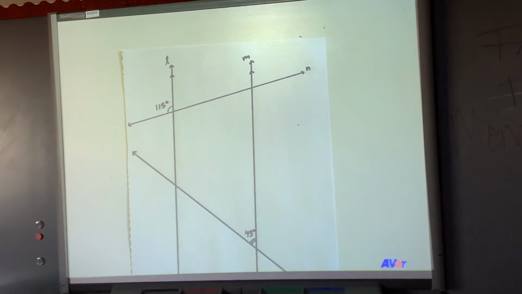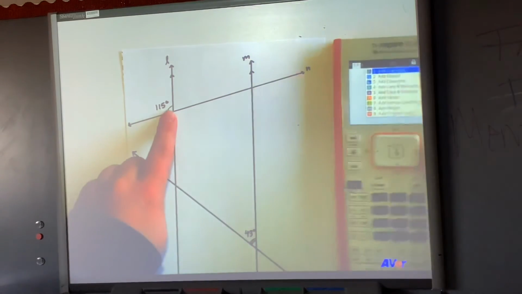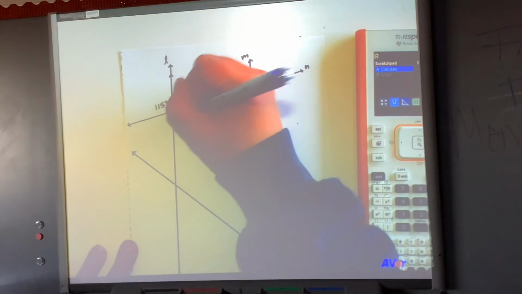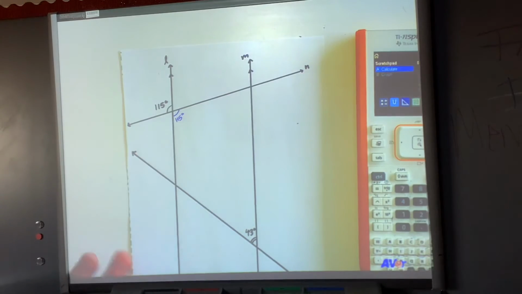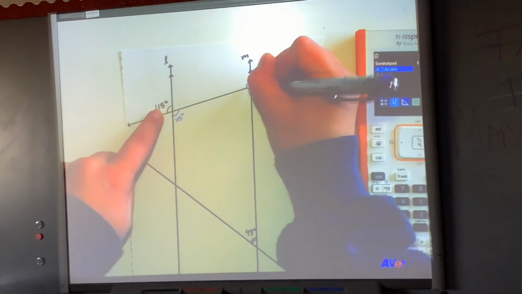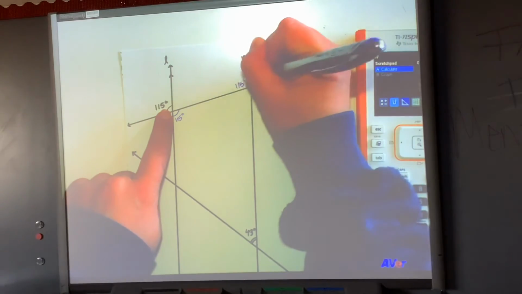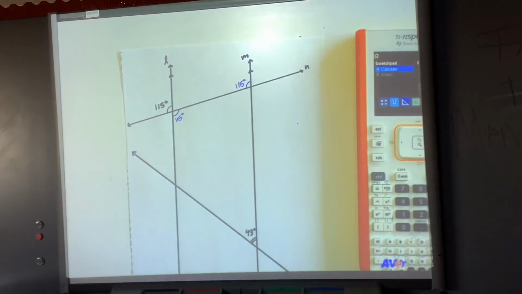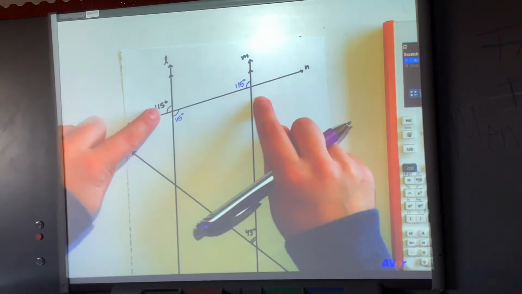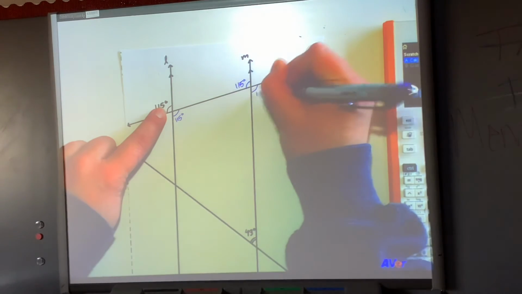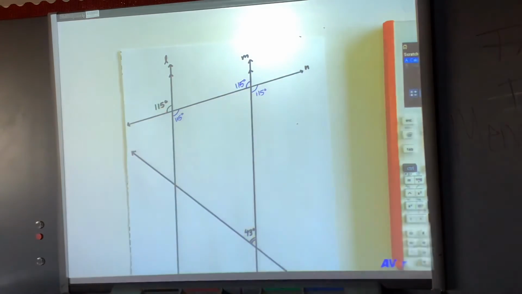This is what I mean. If this angle is 115 degrees, that must mean that the vertical angle underneath it is 115 degrees. Or I could have said its corresponding angle, because it's in the same position, is also 115 degrees. And I could have said the alternate exterior angle is the same size.